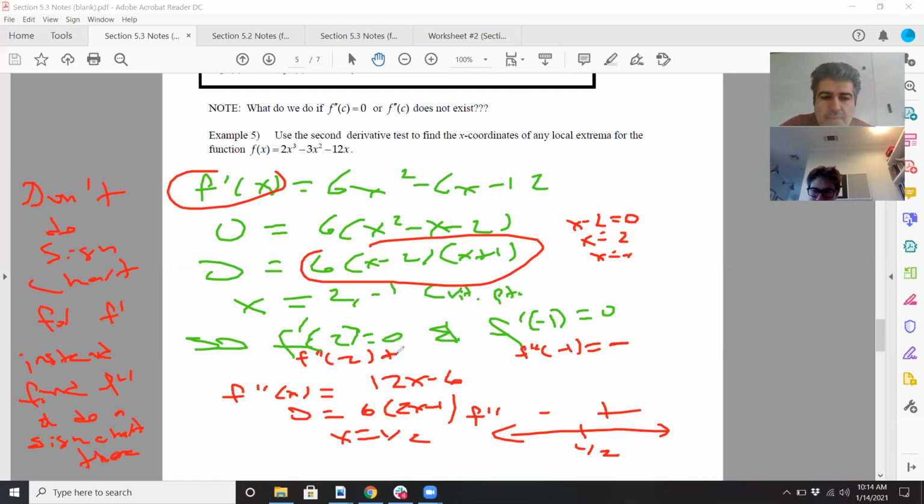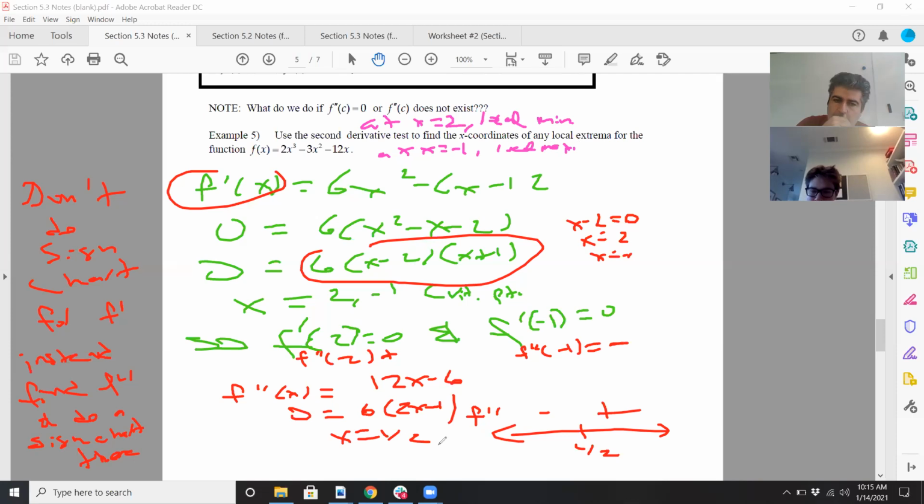And then what you could say, and this would be a good place to take a break in about a minute, is that at x equals 2, we have a local min. At x equals -1, we have a local max.